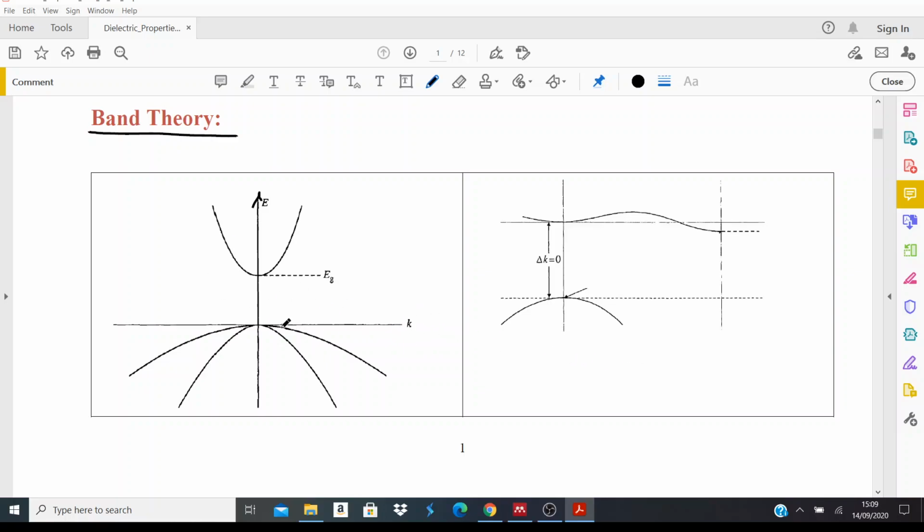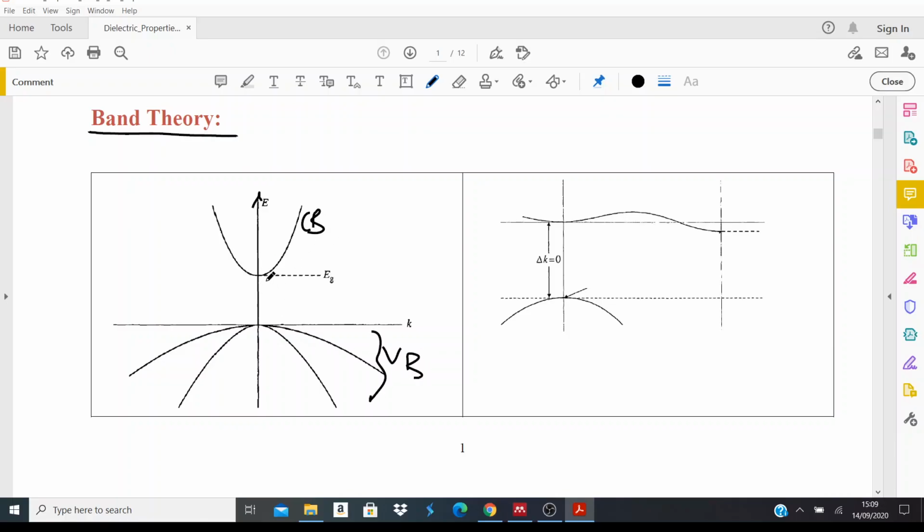And usually there are some low-lying bands. So these are 2 bands below here, and there is 1 band in this figure. And if there is a gap between them, usually these are the valence band and this is the conduction band, right? So this is the conduction band and this is your valence band.